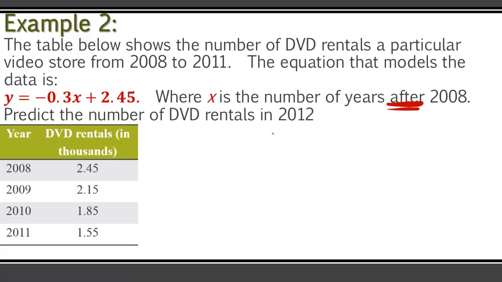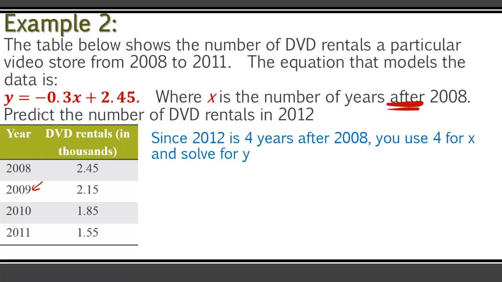So we don't put 2009 in for x. We would put 1, because that's 1 year after 2008. If it was 2010, we would put 2, because it's 2 years after 2008. But they're asking us to predict the number of DVD rentals in 2012, which isn't shown in the data on the table.